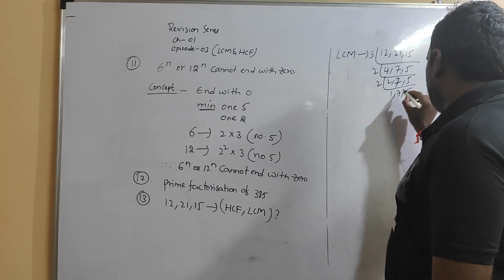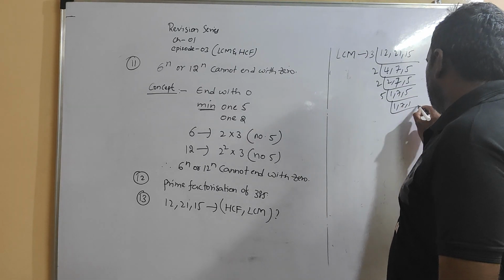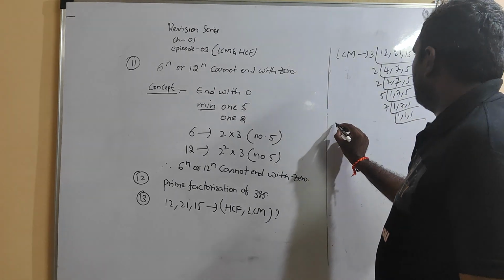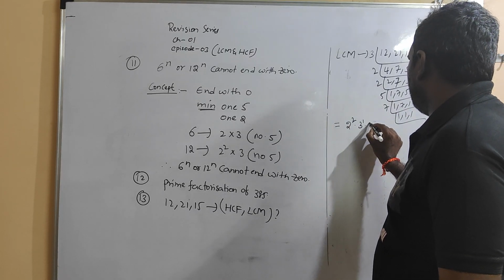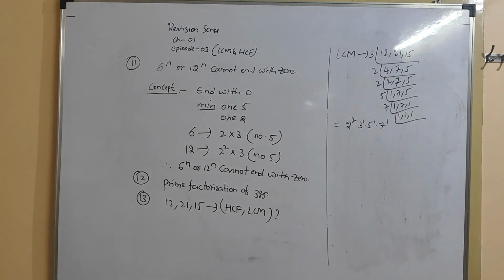Then 1, 7, 5, and 1, 7, 1. So what is my LCM? 2 I got 2 times, 3 I got 1 time, 5 I got 1 time, 7 I got 1 time. This is my LCM. Am I clear?